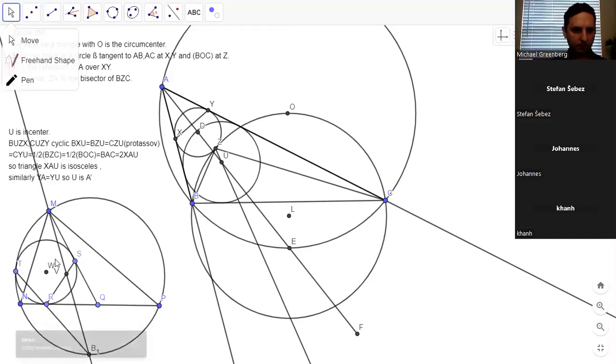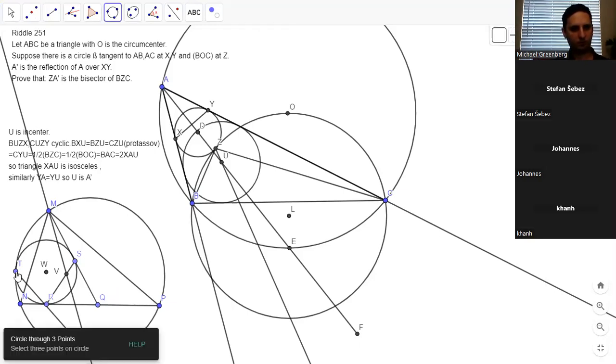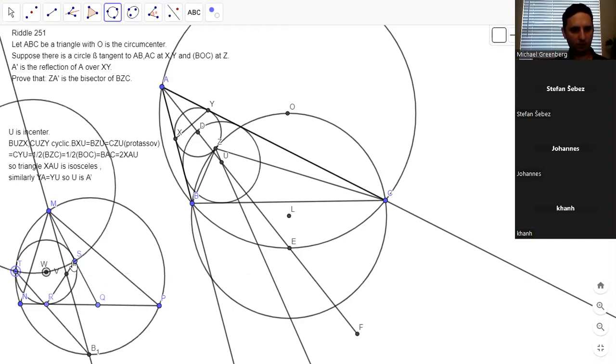If I remember correctly, there is some cyclic quadrilateral here, maybe MTWS. But it doesn't look like that in here. I didn't draw everything perfectly, so it could be my drawing.